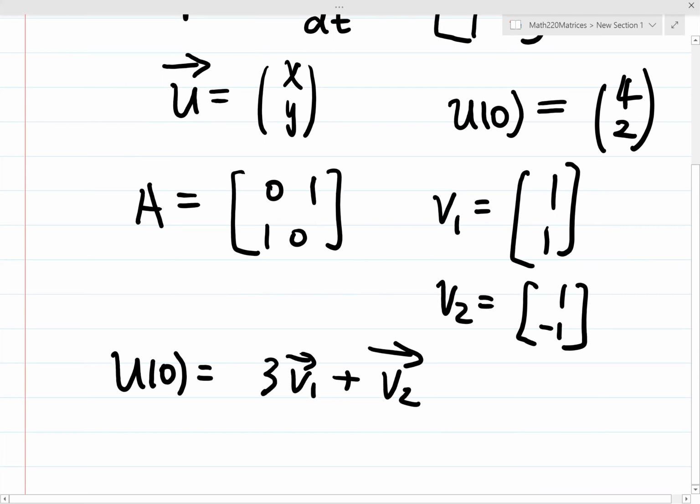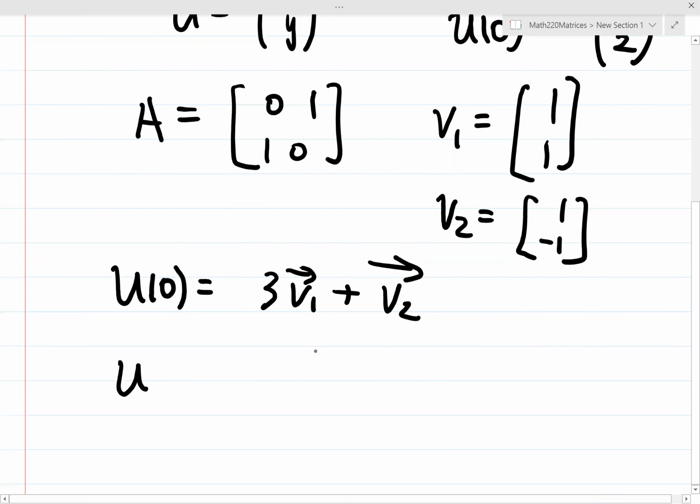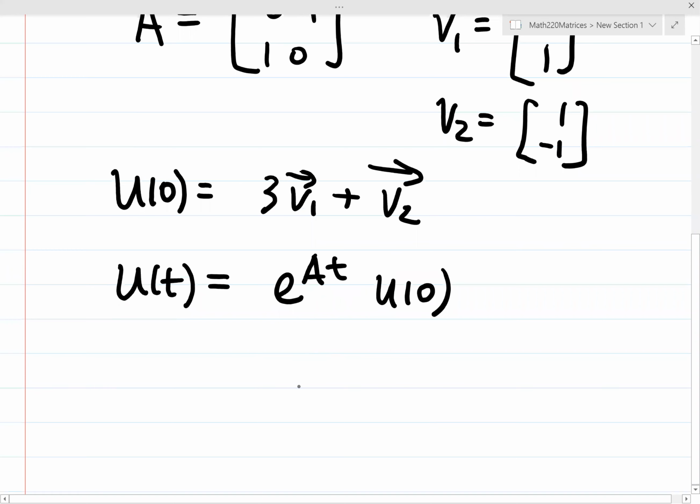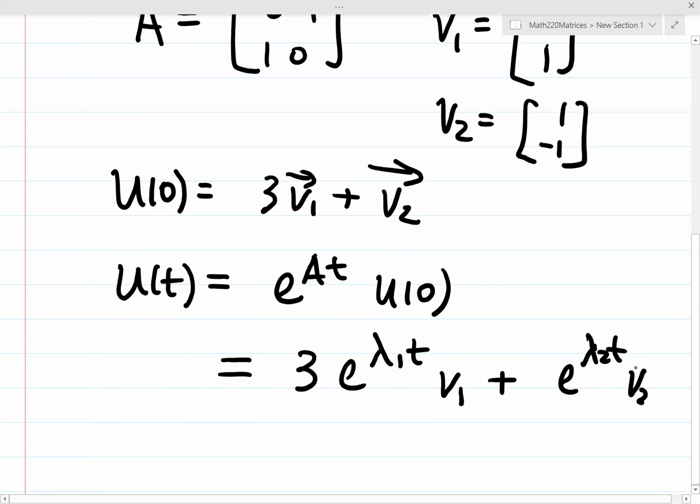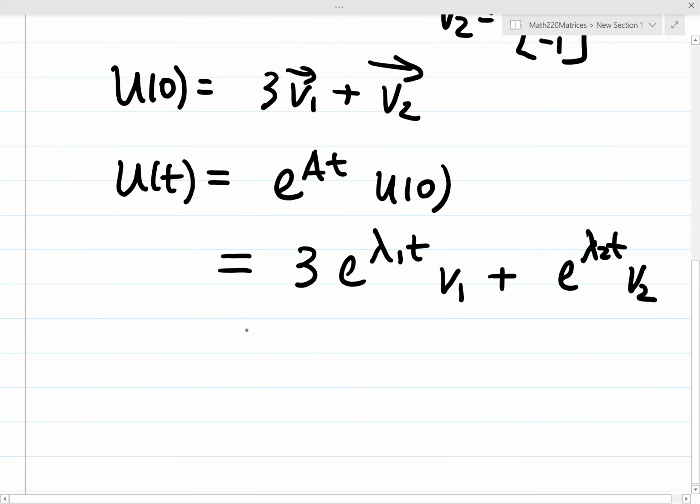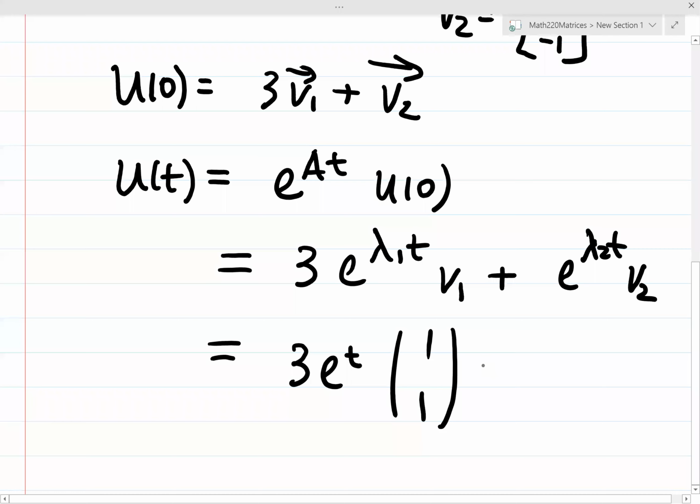So ut will be e to the At u0, which is 3 e to the lambda 1 t v1 plus 1 e to the lambda 2 t v2. Lambda 1 is 1, so it's 3 e to the t times 1 1 plus e to the negative t times 1 negative 1.